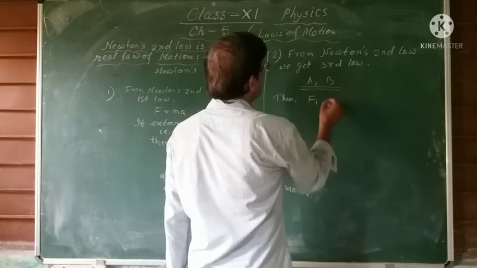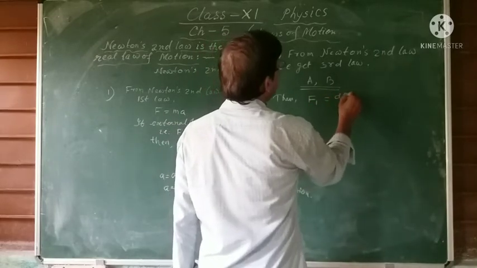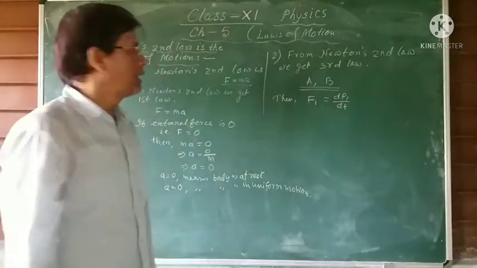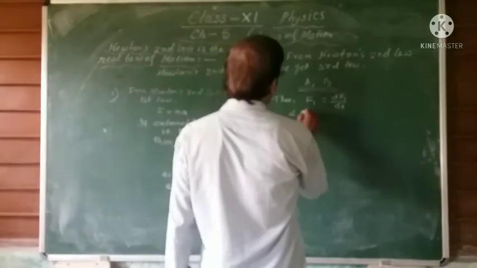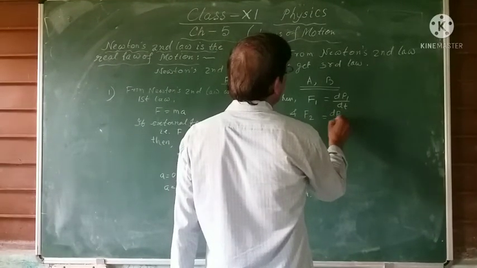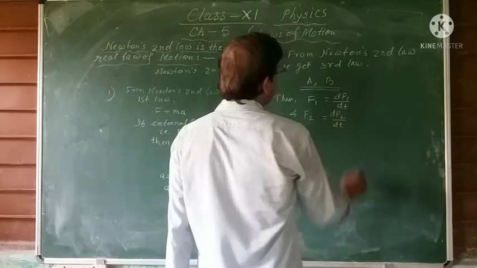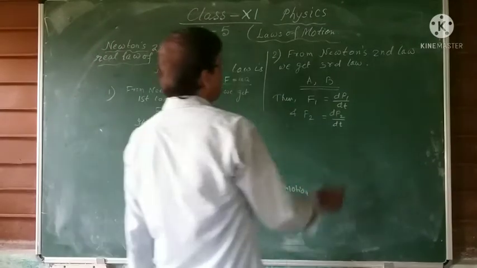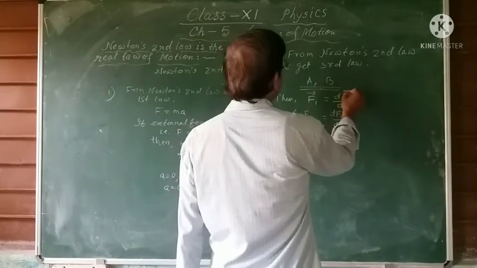F1 equal to dP1 by dt for the first body A, and F2 equal to dP2 by dt. You can write these as vectors, no problem.